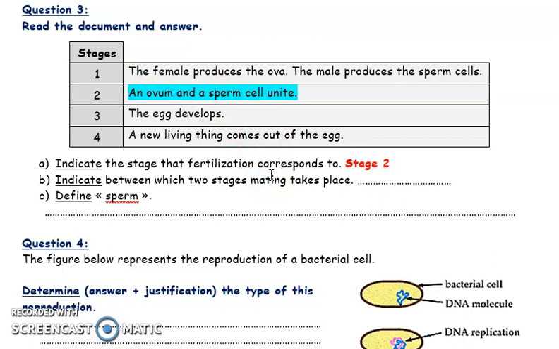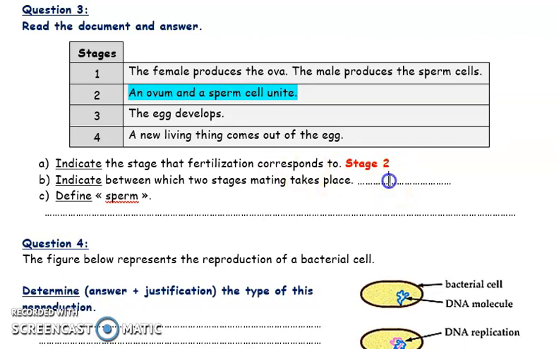Between which two stages does mating take place? The female produces the ovum, the male produces the sperm cell. These two must combine, and then the ovum and sperm cell will unite.